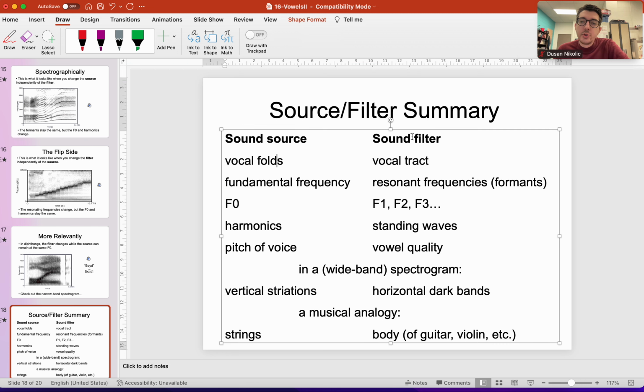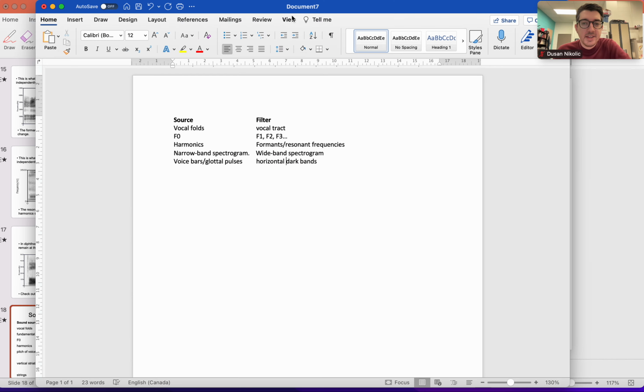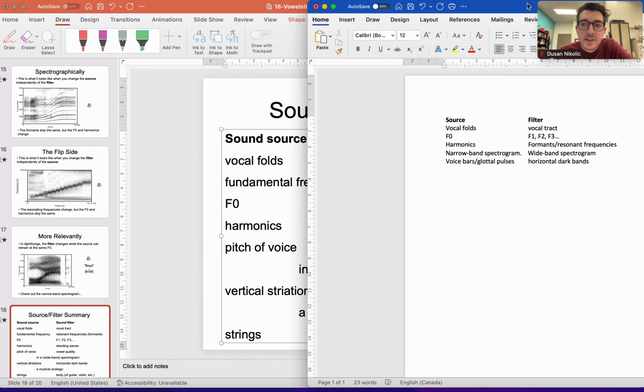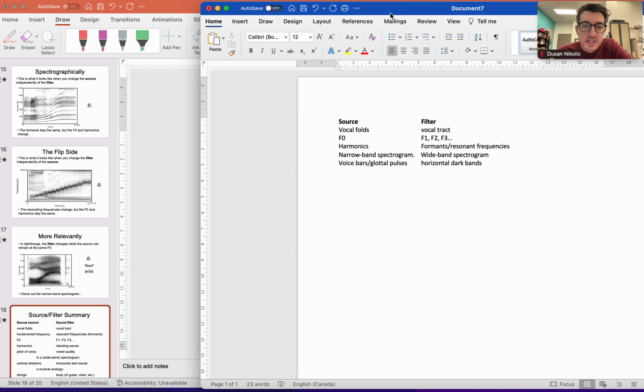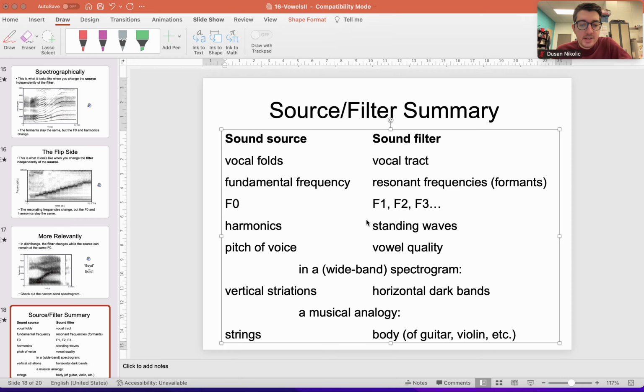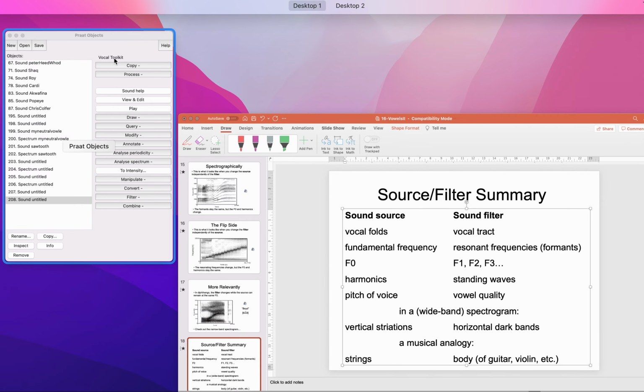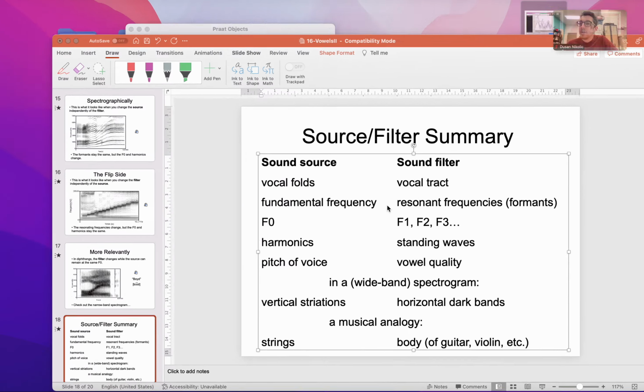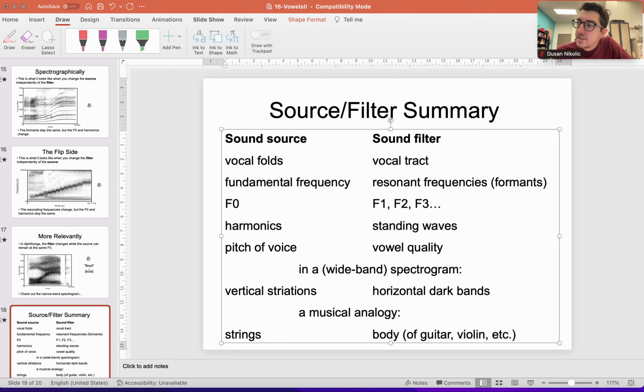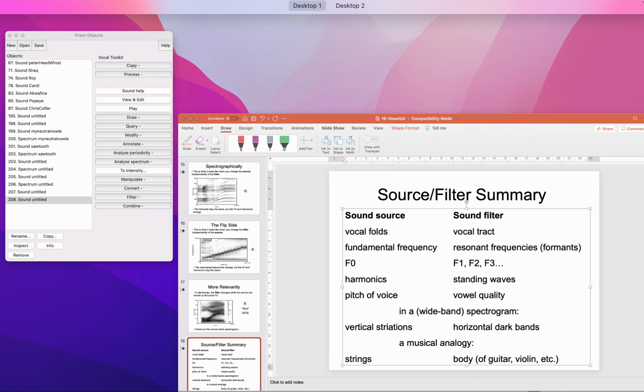So to conclude our lesson, okay, I'm looking for my document here. I think I have everything written down almost. Almost, maybe not pitch of the voice, that one I forgot, but okay, I will write it down now.